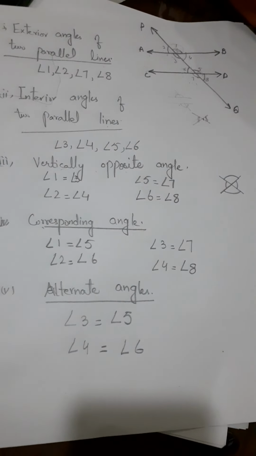Inshallah, hope you understand everything. Inshallah we will start the exercise tomorrow. But first you must learn these examples, which angle is equal to which one, and the angle names: exterior angle, interior angle, vertically opposite angle, corresponding angle and the alternate angle.